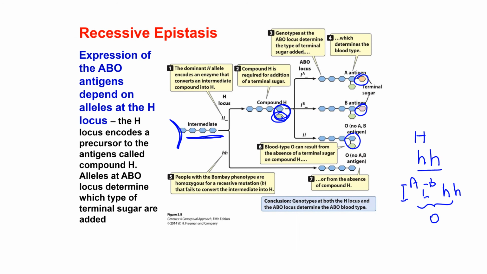Now, this syndrome is real. It's called Bombay syndrome. It's very rare, but it can happen. And in this Bombay syndrome, the H gene is epistatic to genes A and B, encoding either the enzyme attaching antigen A or antigen B. So basically A and B are hypostatic.